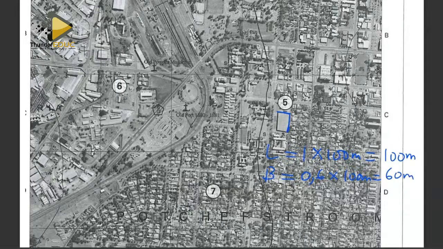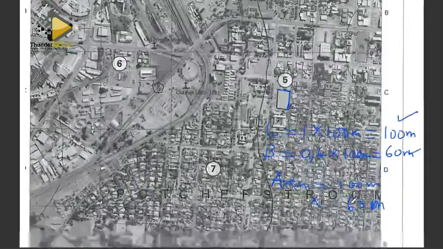So these are our real measurements of the swimming pool. It measures 60 meters by 100 meters. So finding the area, we are now saying the area is now 100 meters times 60 meters.